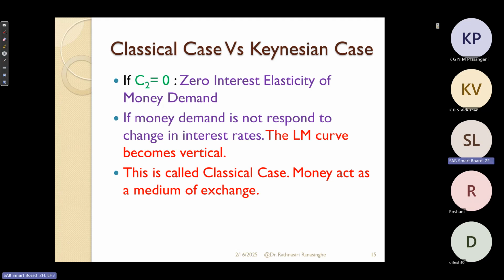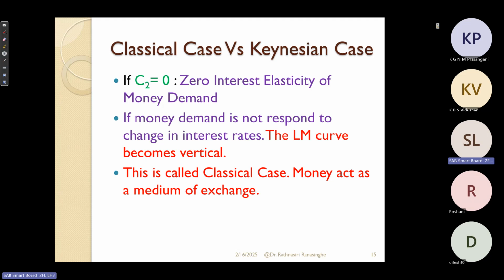According to classical economics, we did talk about the classical theory in detail, but these are the circumstances that we can relate with the classical idea. If C2 is low, what does it mean? C2 means the interest elasticity of money demand. If it is zero, that whole part becomes null.